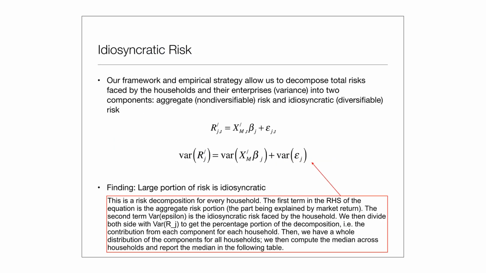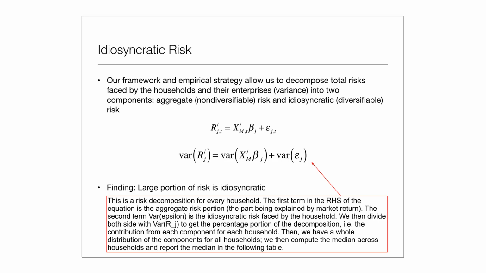And here we are back to idiosyncratic and aggregate risk, which was a theme I mentioned in the previous lecture. We can decompose the aggregate variation of household J into an explained and unexplained part. The explained part has to do with the covariation with the village average, and the unexplained part is if there were some idiosyncratic risk.